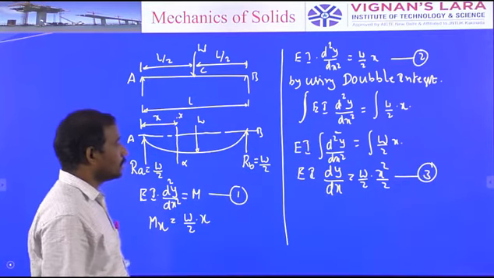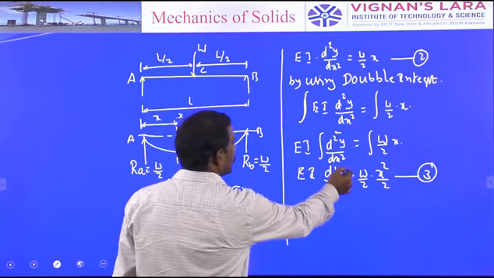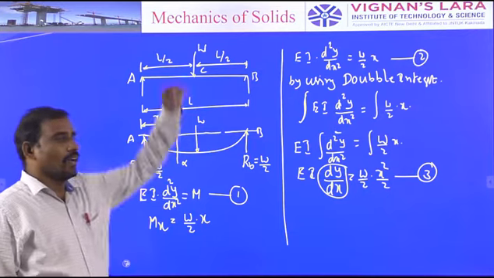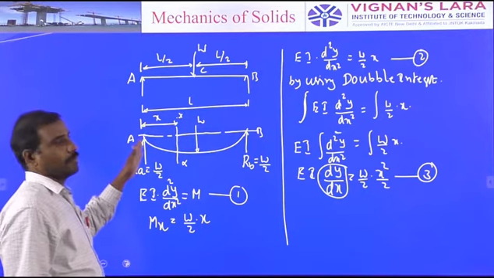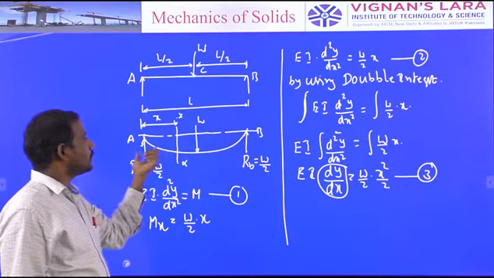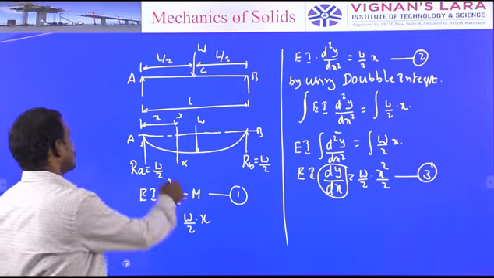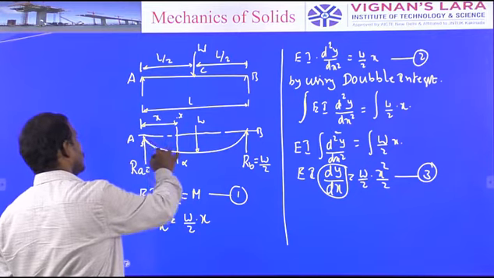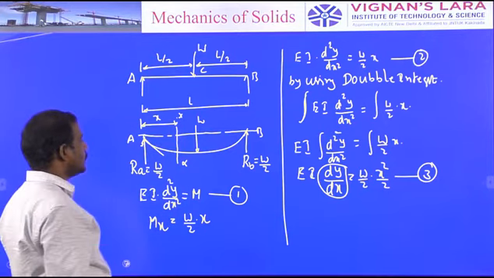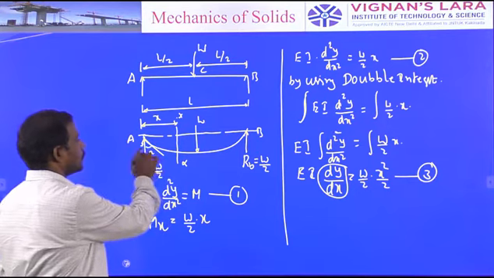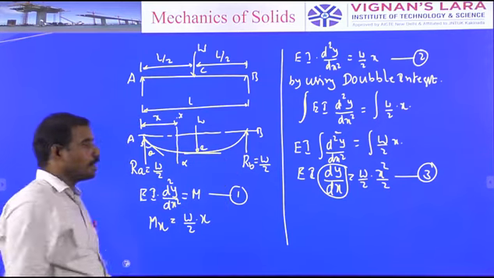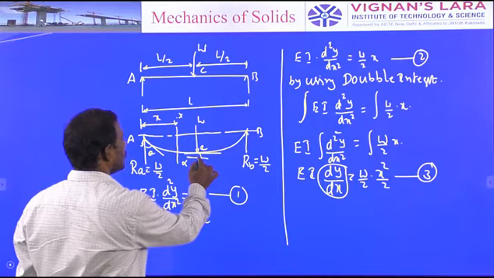Here look into the boundary conditions. This equation involves the slope. What is the slope at A? What is the slope at B? What is the slope at a particular position along the length of the beam? If you draw the tangent at A and measure the angle horizontally with the tangent, that is the slope. If you draw the tangent at the point C and measure the angle with the horizontal, there is no slope.